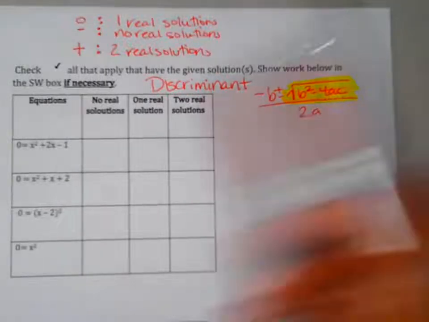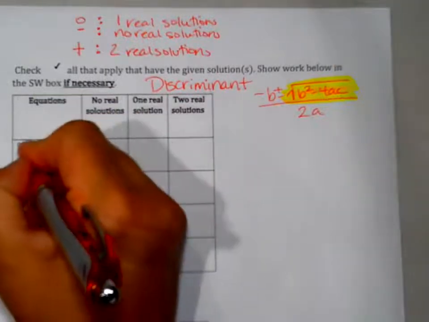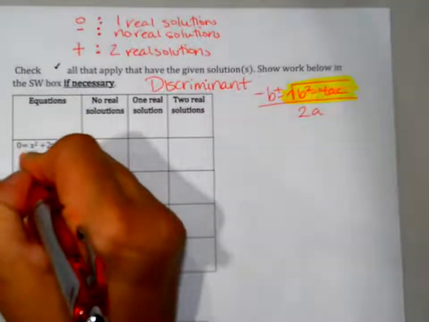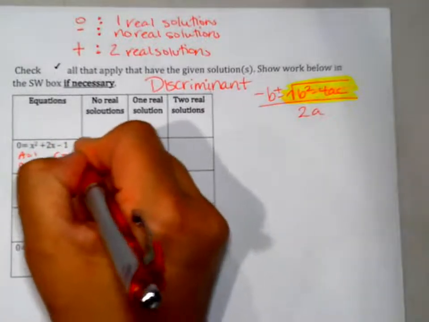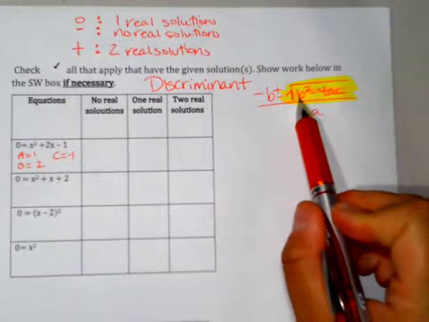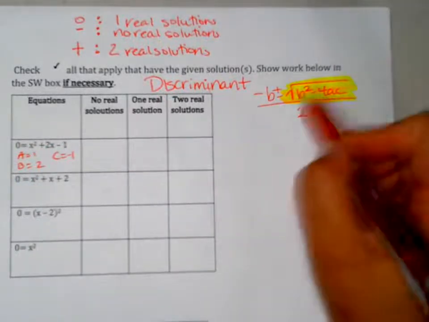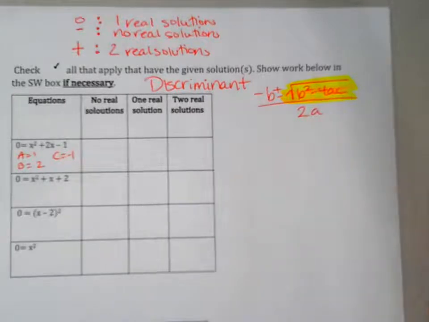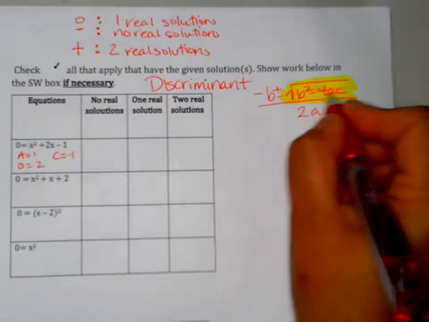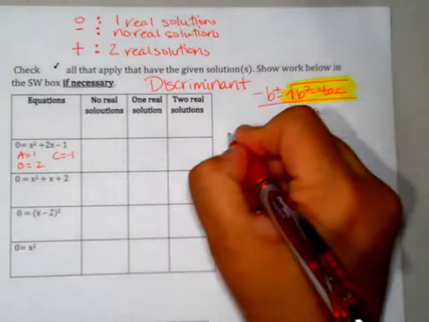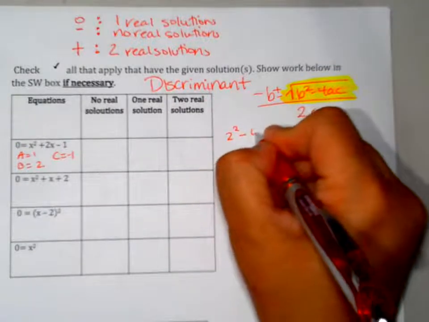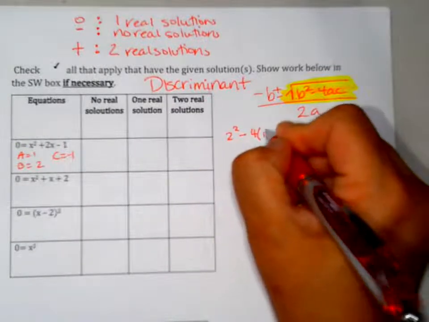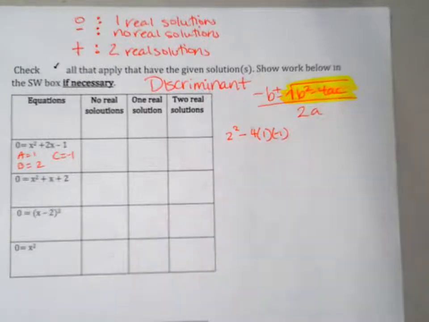Okay, so let's take the first one. My A is equal to 1, my B is equal to 2, my C is equal to -1. Let's plug it in here. We're not taking the square root. All we need to do is see if this comes out positive or negative or 0. So I've got B squared, so that gives me 2 squared minus 4 times 1 times -1.